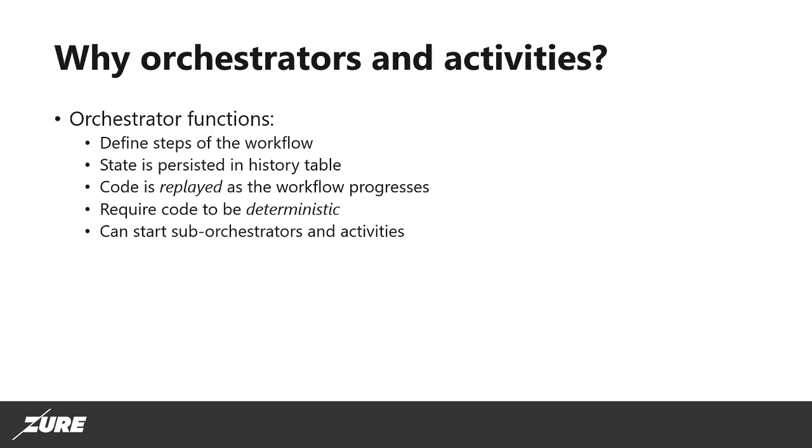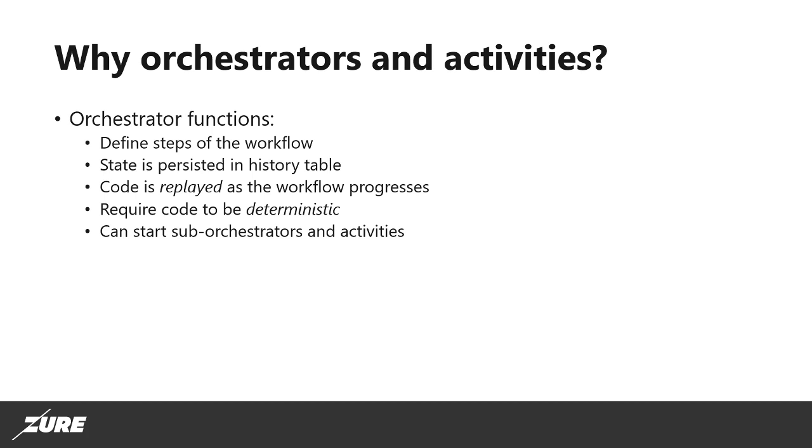And what happens is that when it continues the process, it's going to replay its own code. And you'll see this in a bit, what this means. But because of this code replay behavior, orchestrator functions have this thing where the code that you write in them has to be deterministic. And we'll see what this means in a bit more detail a bit later as well.